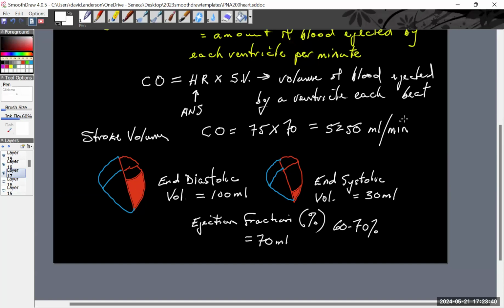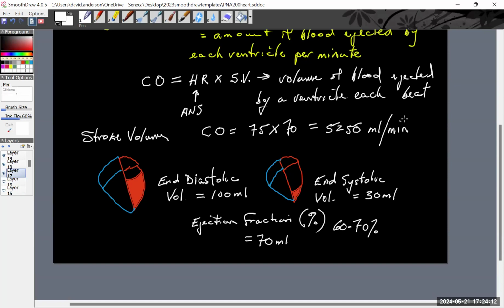And we can reverse it and say it'll go down if we slow down the heart rate; we can reduce cardiac output. If we increase the ejection fraction or the stroke volume, cardiac output goes up. But in the example we've used, which is fairly typical at rest, every single minute of every single day, the heart pumps the equivalent of the total blood volume throughout the body.